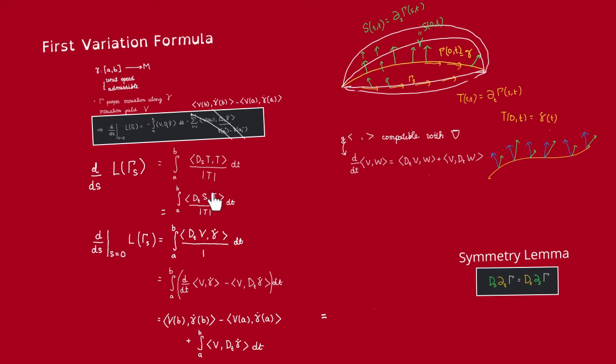Great, and so here again we replace this T with gamma dot because it's just the velocity vector field of gamma when s is equal to 0. Now when s is 0, this big S, that's just going to be this variation field. So we replace this D_t S with the variation field.